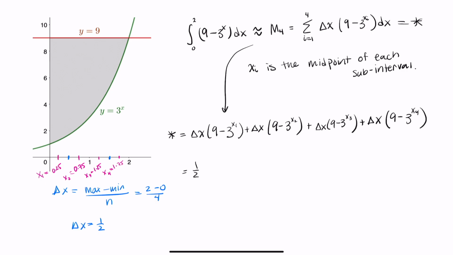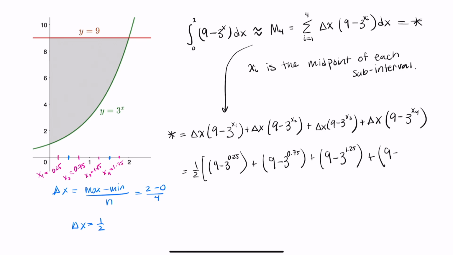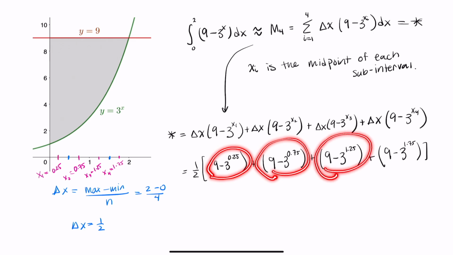So this is 1/2 times 9 minus 3 to the 0.25 power plus 9 minus 3 to the 0.75 power plus 9 minus 3 to the 1.25 power plus 9 minus 3 to the 1.75 power. At this point, we can get a calculator and work out these values individually.